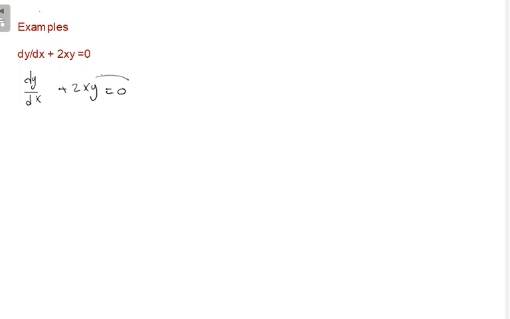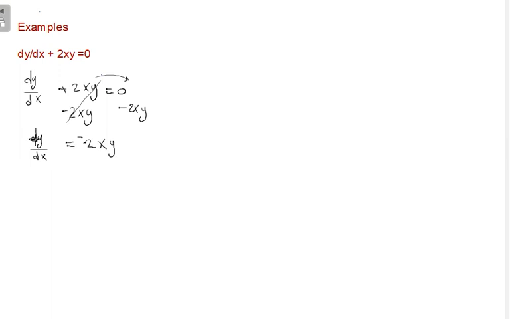I will move this term to the other side, so take away 2xy from both sides of the equation. So now dy over dx equals minus 2xy.